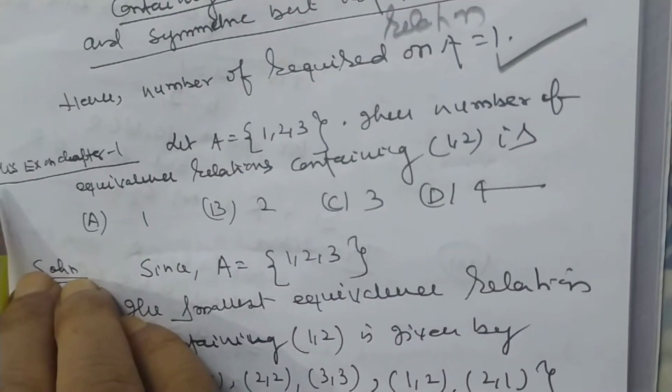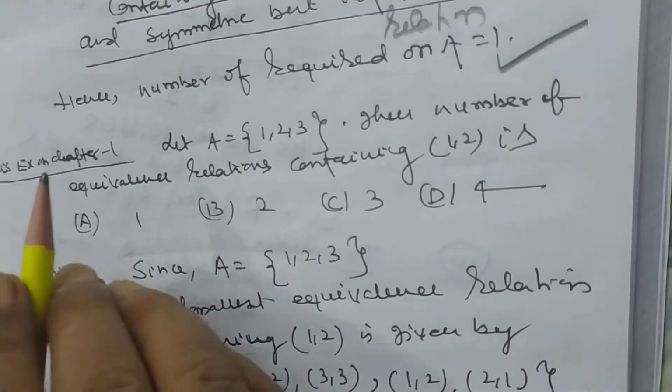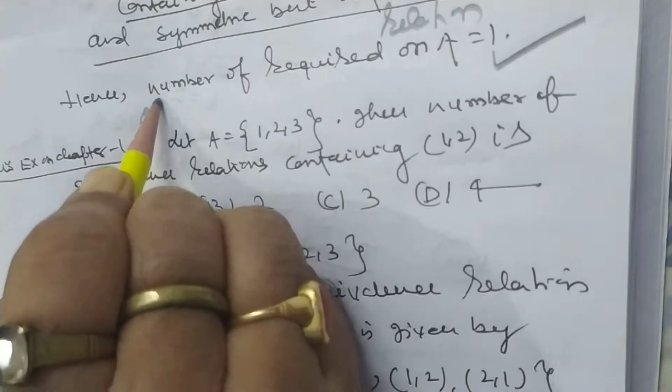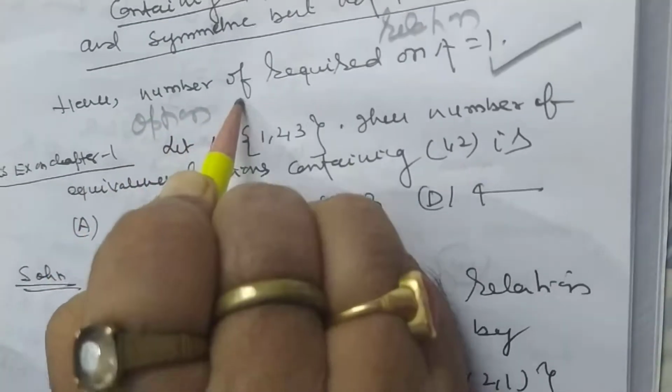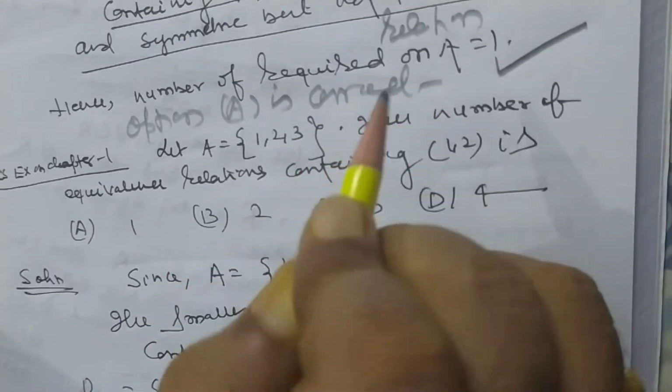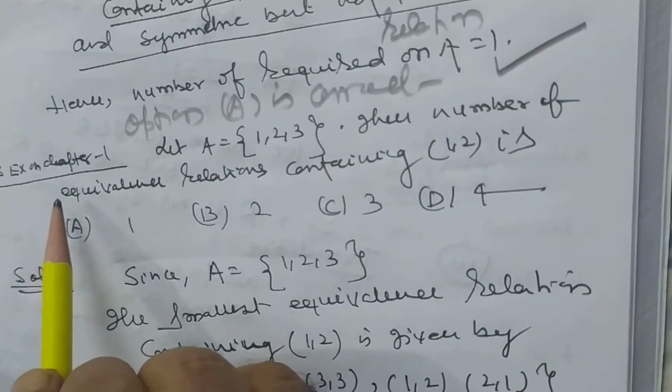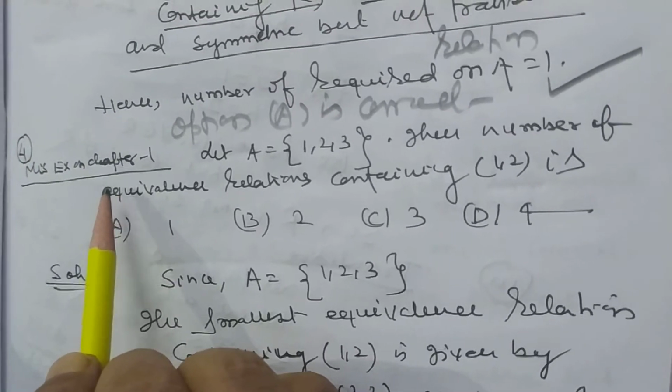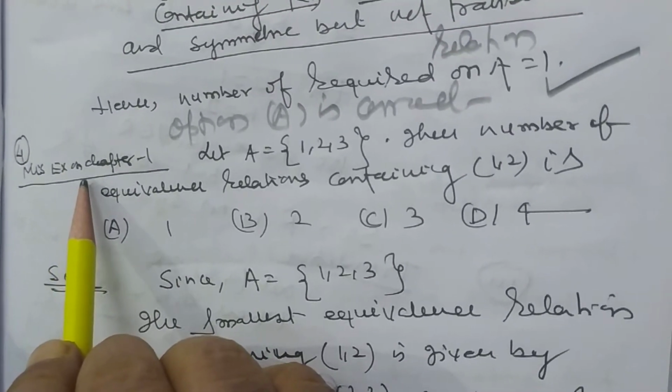Now, problem number 4. So option A is correct. You write option A is correct. My dear student, now I want to discuss problem number 4, which is in the miscellaneous exercise on chapter 1.